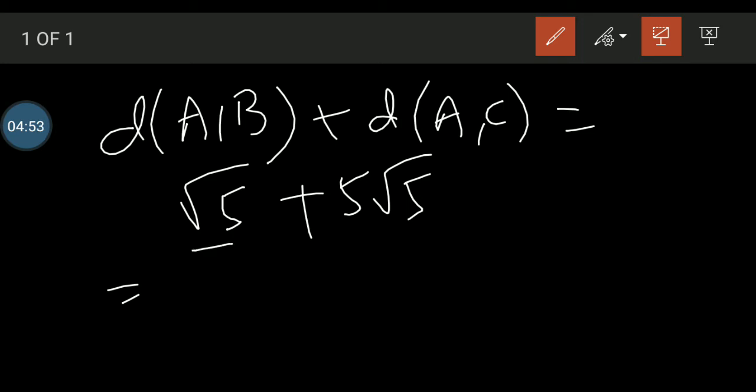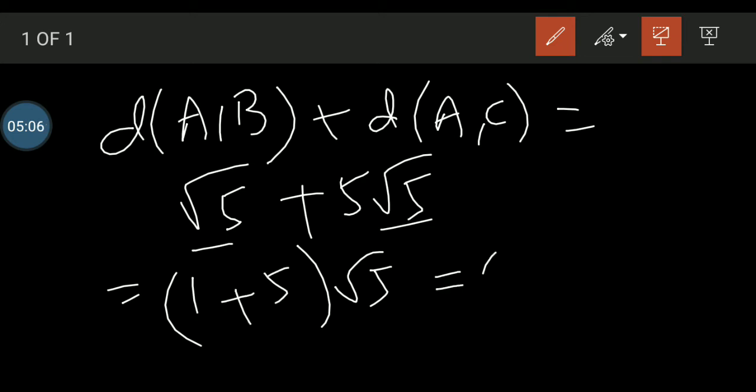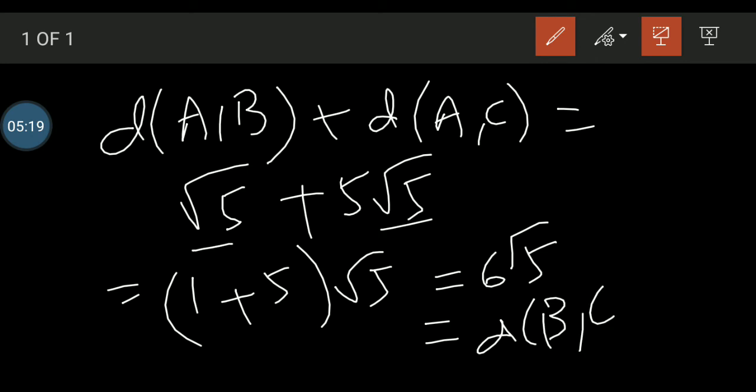If I do this, I take common root 5. Now if I take root 5 out, here remains 1 and here remains 5, so I will get 6 root 5. Now I got the value 6 root 5, and it equals the distance of B comma C. Therefore my points A, B and C are collinear.